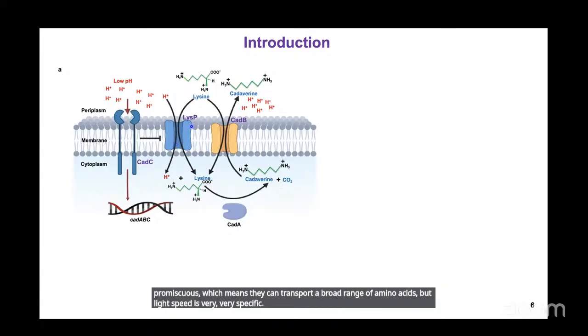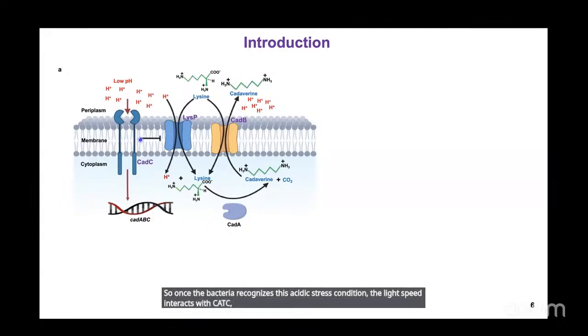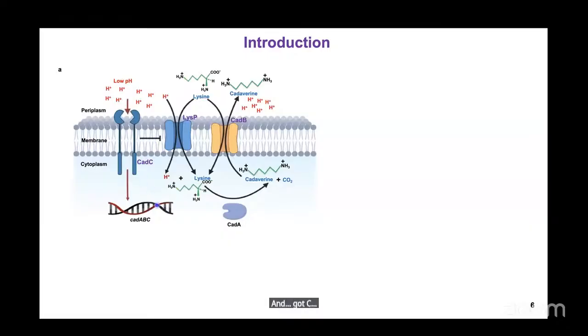And this is because LysP is mostly found in enteric bacteria that are exposed to very extreme acidic conditions, as in the mammalian stomach. Once the bacteria recognize this acidic stress condition, LysP interacts with CadC, and CadC upregulates the cadBA operon.